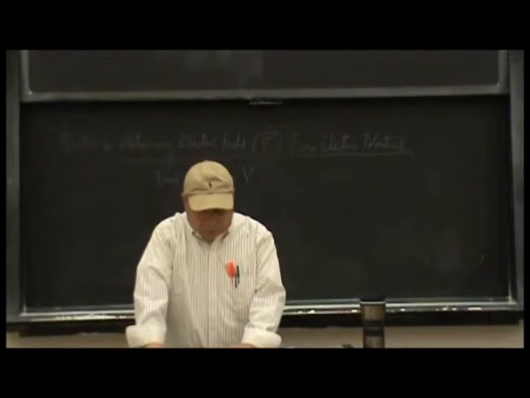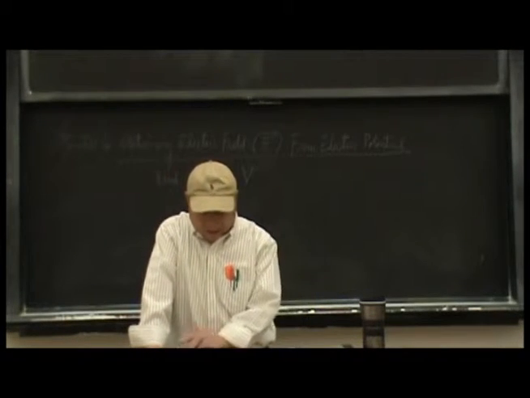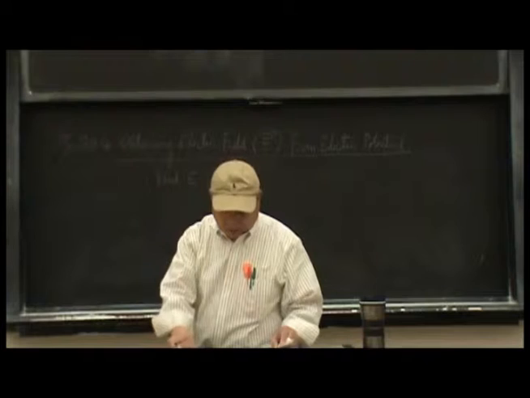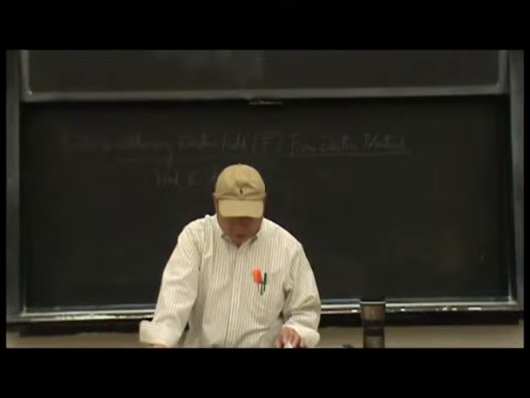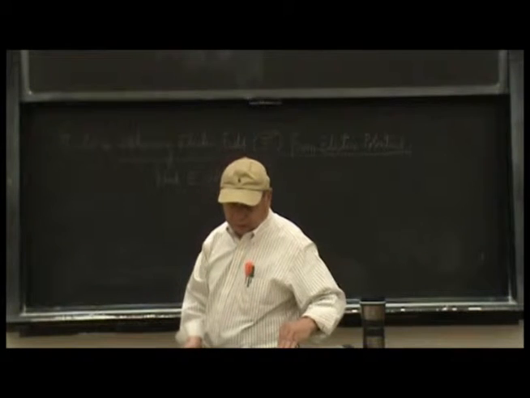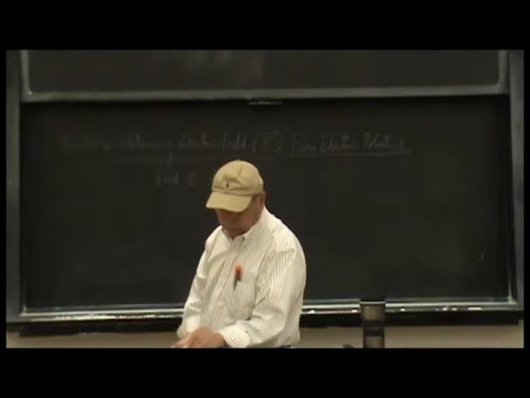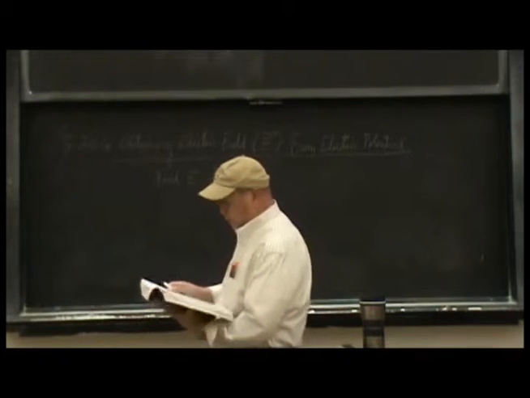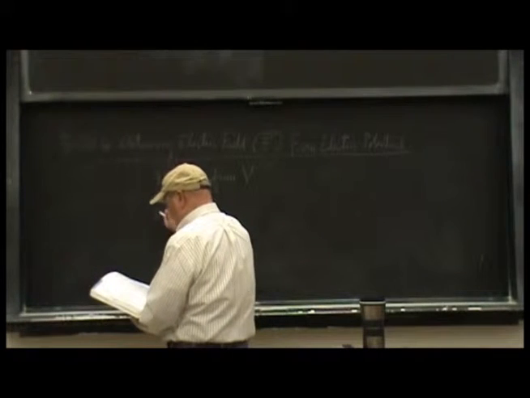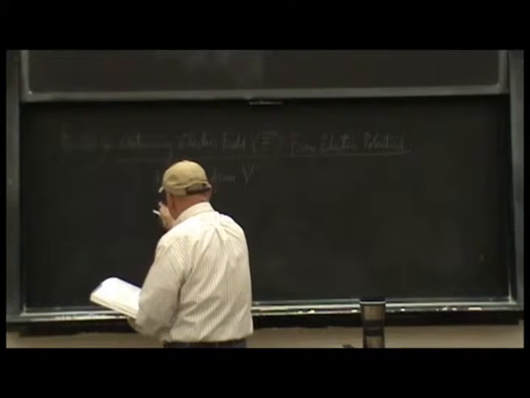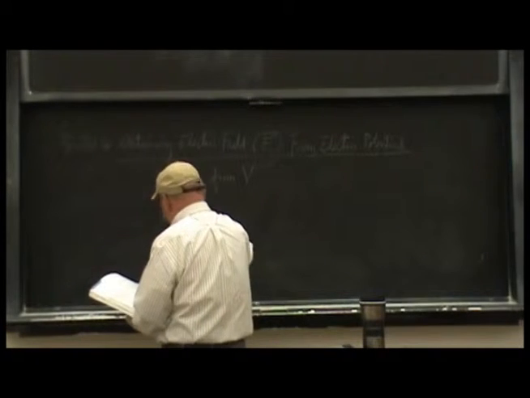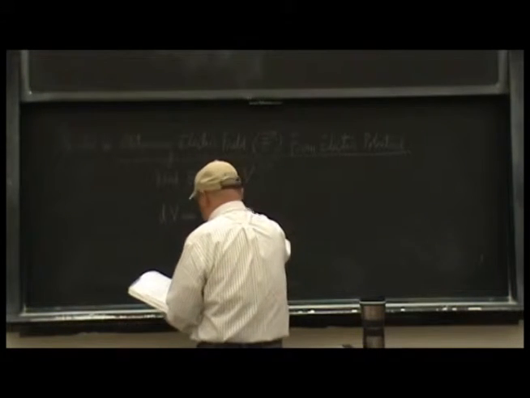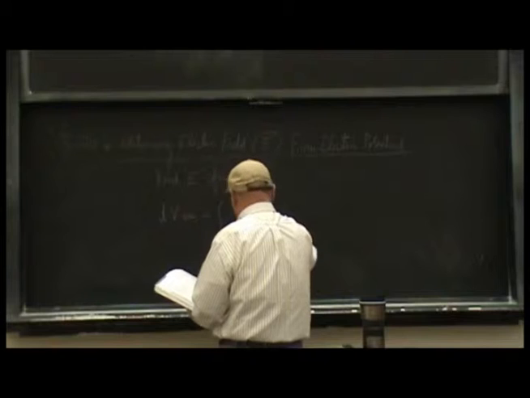To find that, we go back to the last point we talked about. In the last section, we had equation 20.3, which says that V_B minus V_A is equal to minus the integral from A to B of E dot ds.